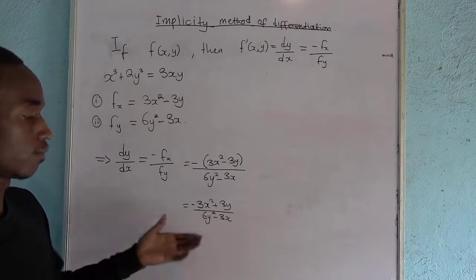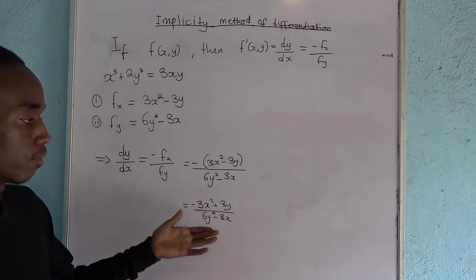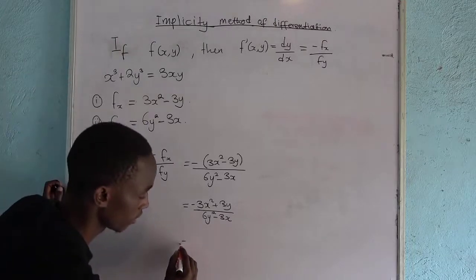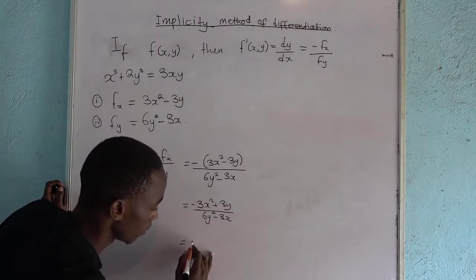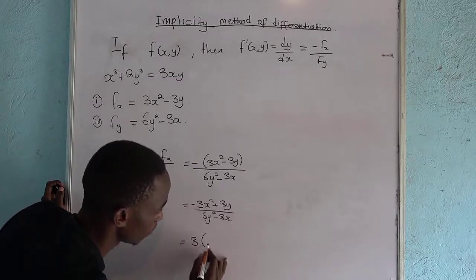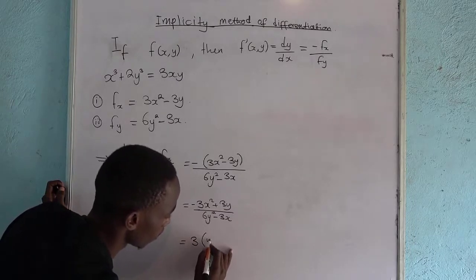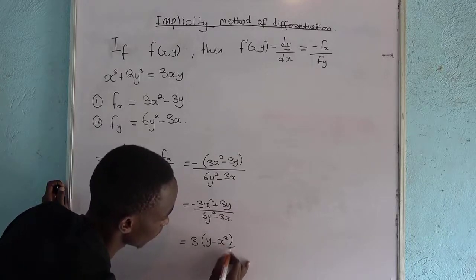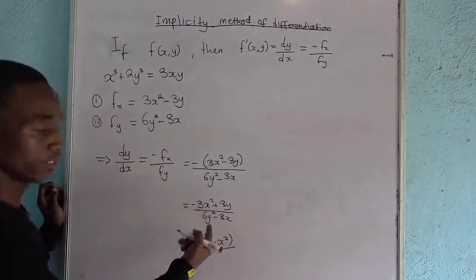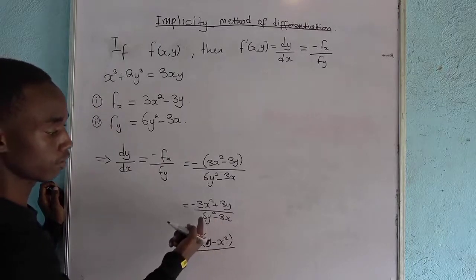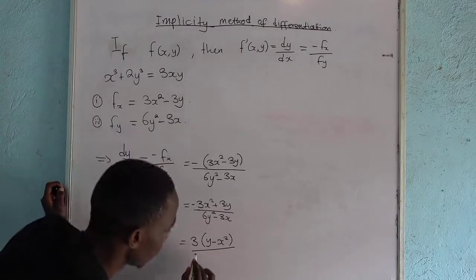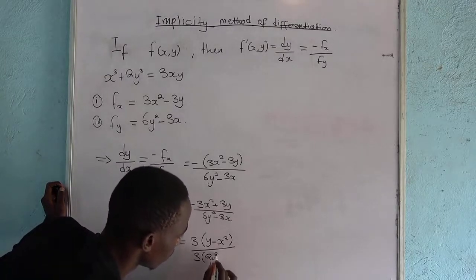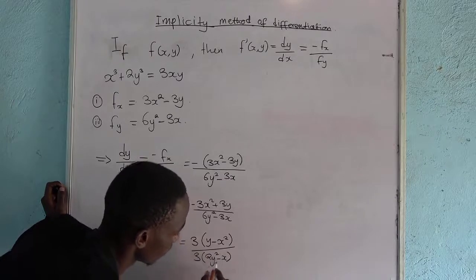But for this question, this answer can be simplified by factoring out 3, and what we remain with is y minus x squared like that. And also the denominator can be factored: we have a 3 here, also a 3 in this 6, so that we remain with 2y squared minus x like that.